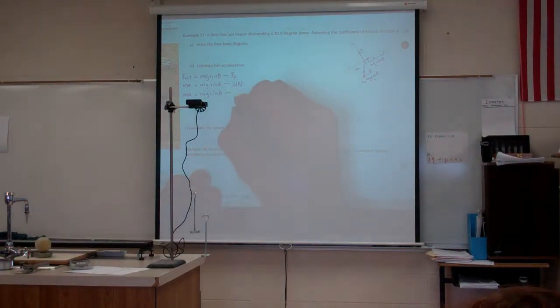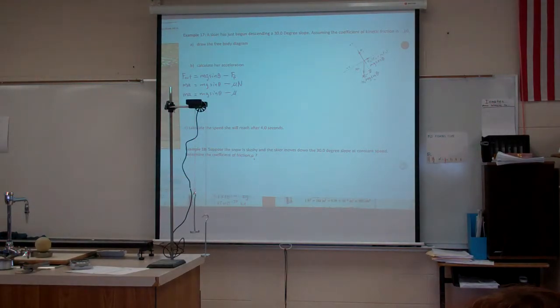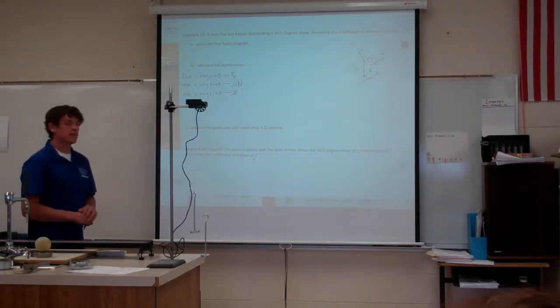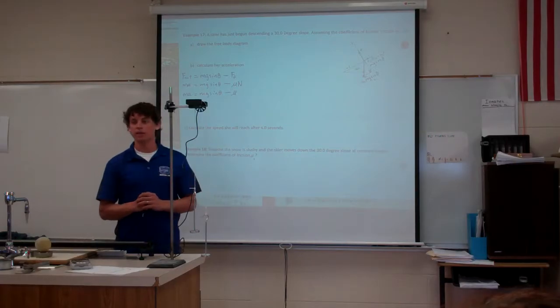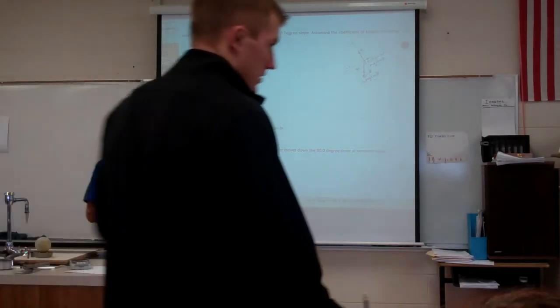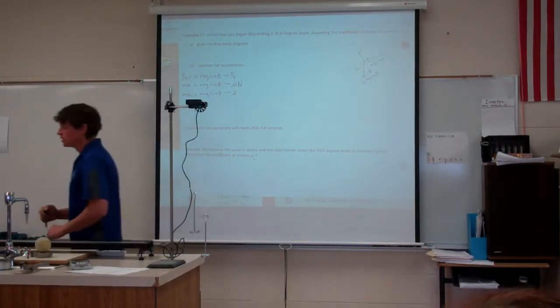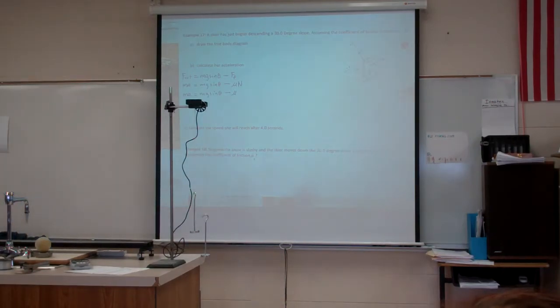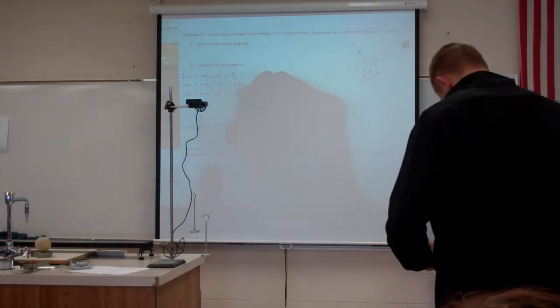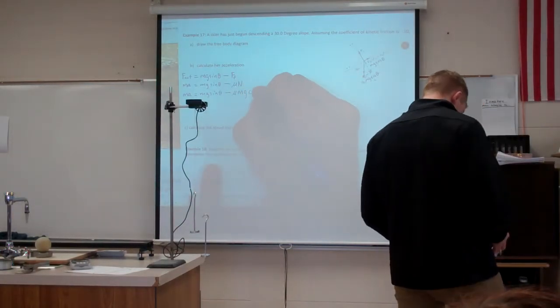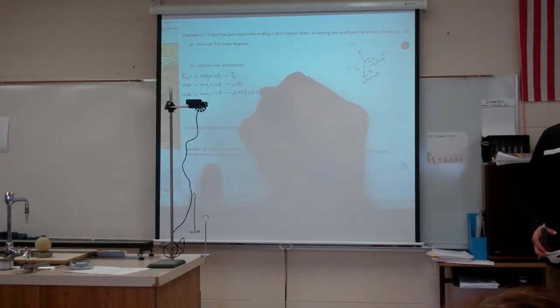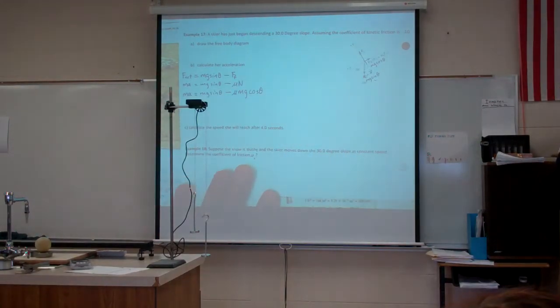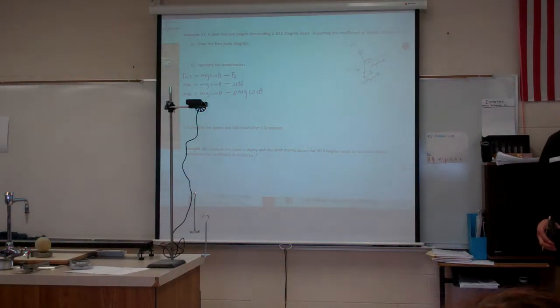We'll leave this as mu. But normal force, what can I say instead of big N there? mg cos theta. Here's normal, and we know it's balanced by that component. So we say mg times the cosine theta.